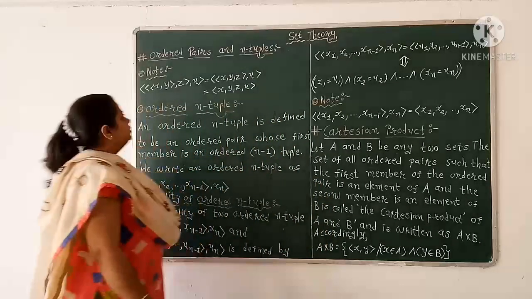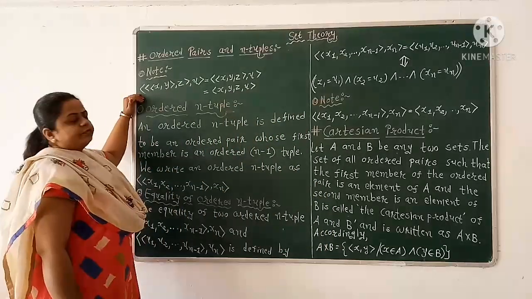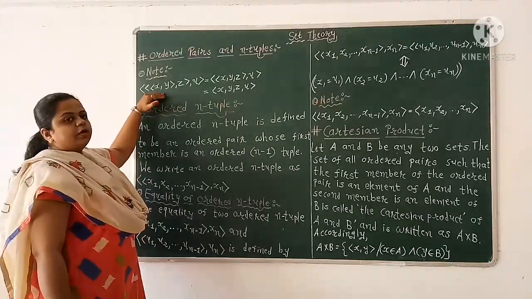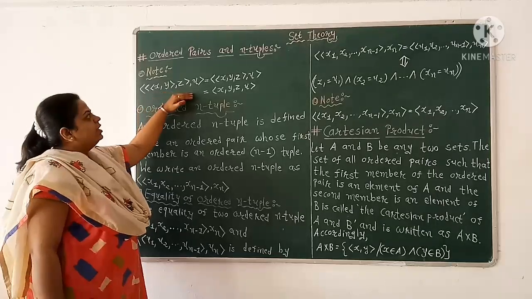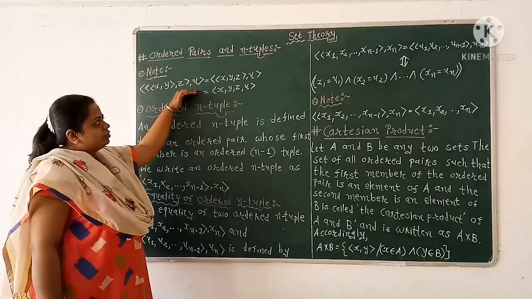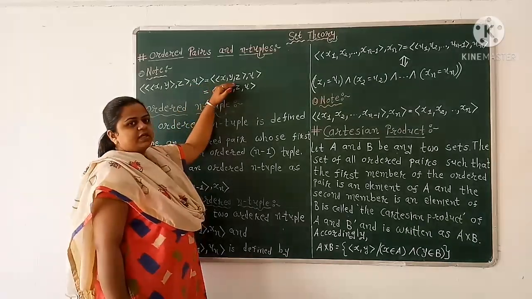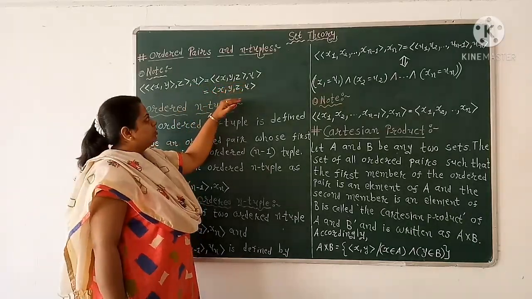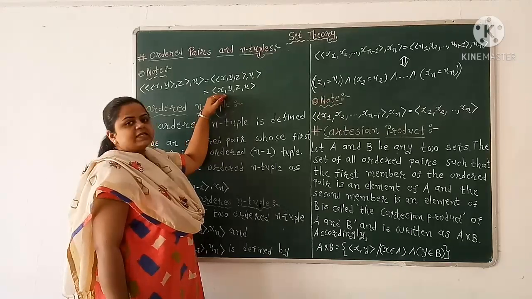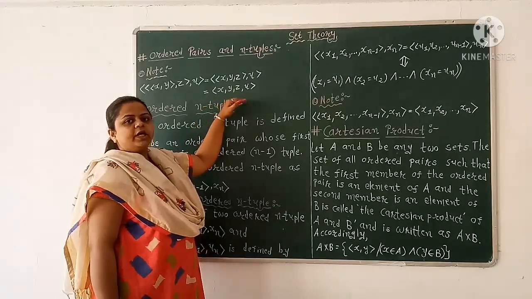Now note, ((x, y, z), u) is equal to (x, y, z, u).